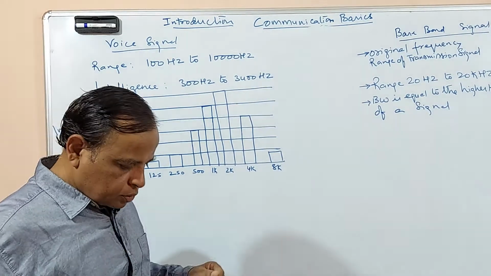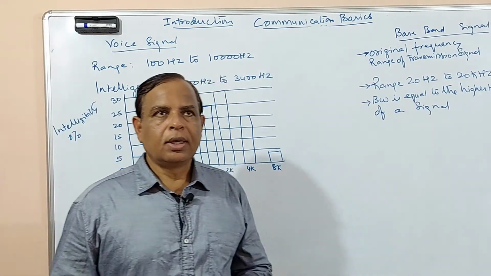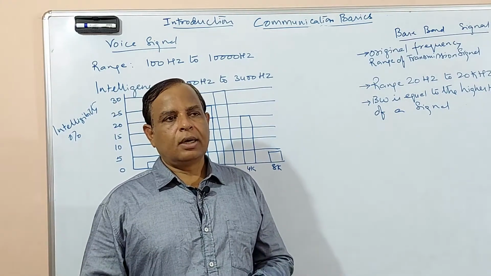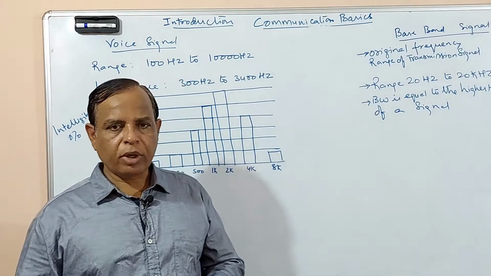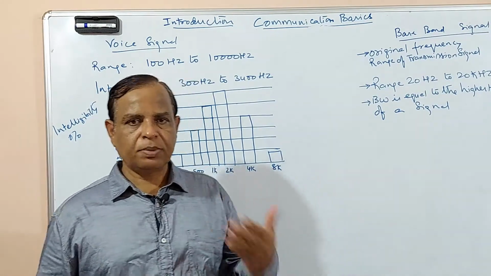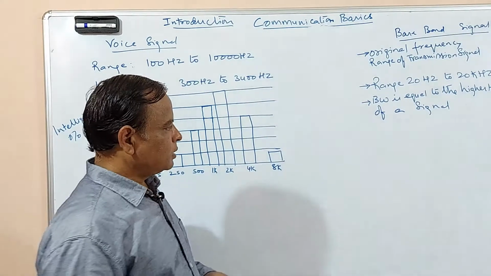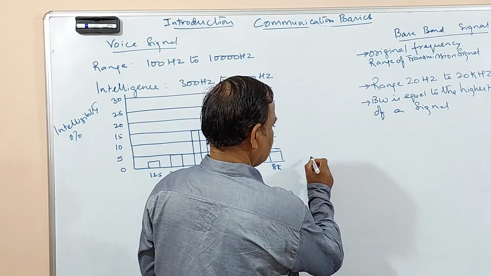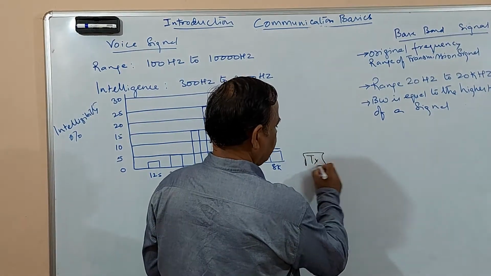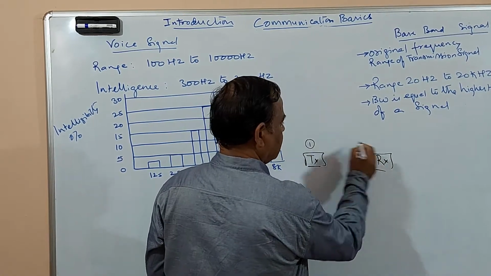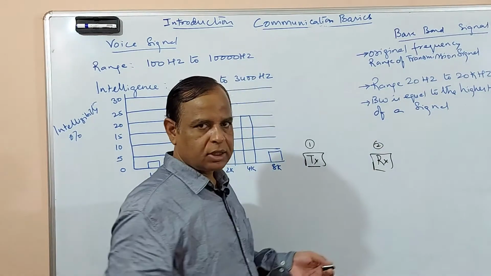Whenever we speak about communication, suppose we want to communicate with somebody, we speak, isn't it? So first, in any communication process, there are three things involved. One is the transmitter, and of course there should be a receiver to receive it.